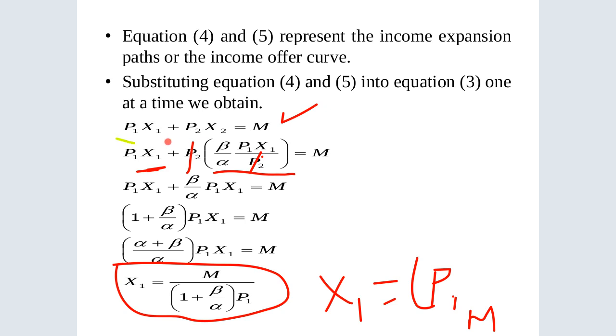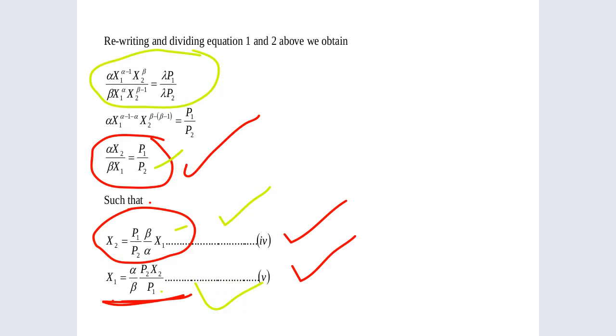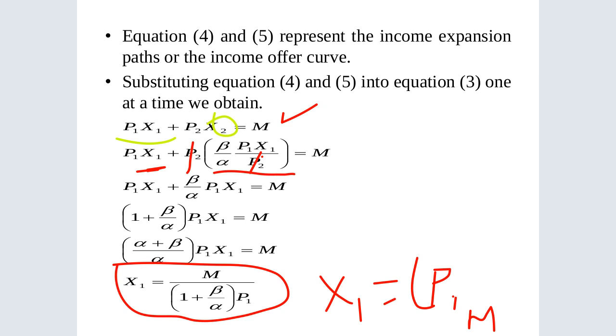So we have p1x1 plus p2x2, but in place of x2, we use this. So x2 is given as p1 over p2 times beta over alpha x1. So we take it here. This is what we have replaced here.